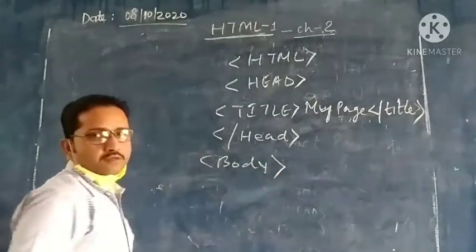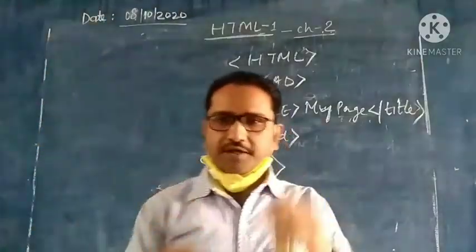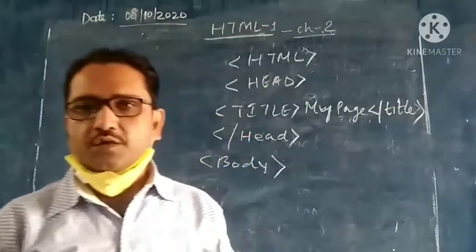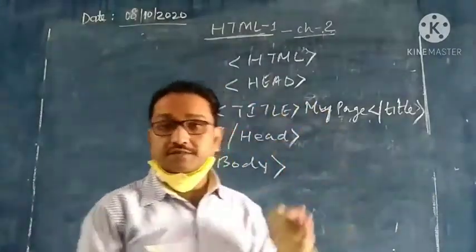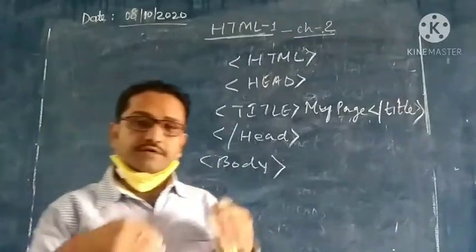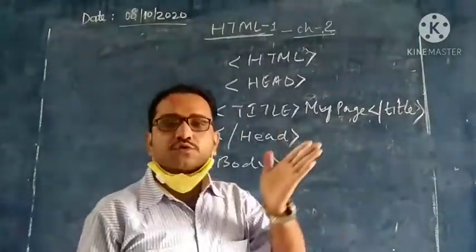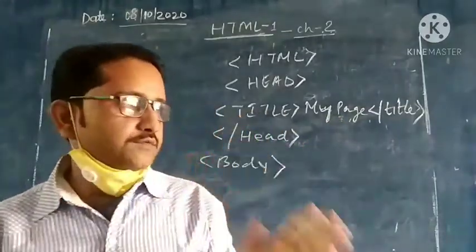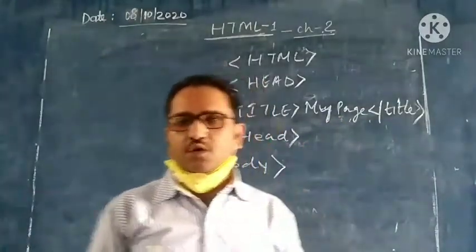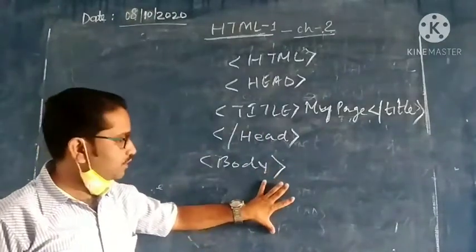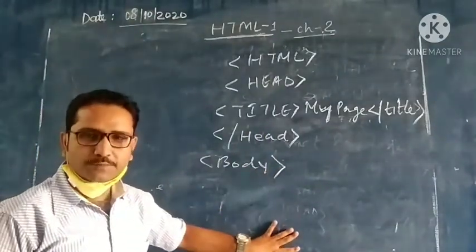After that the body will start. The whole page, whatever we see over the internet, will come under this body. Whatever we are using, the image or text or anything else, we have to write it in the body part.